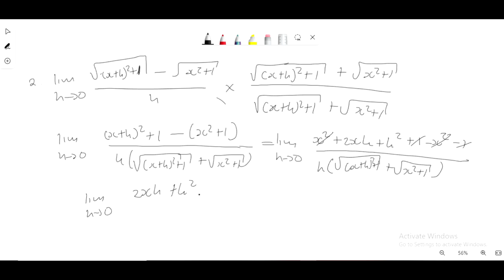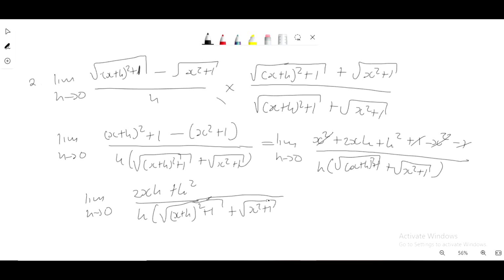xh plus h squared all over h into the square root of x plus h all squared plus 1 plus the square root of x squared plus 1.